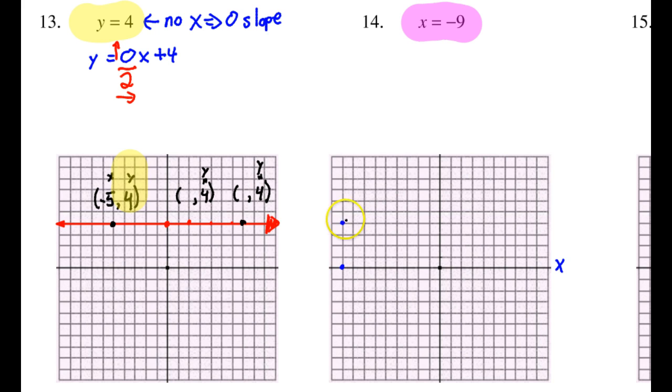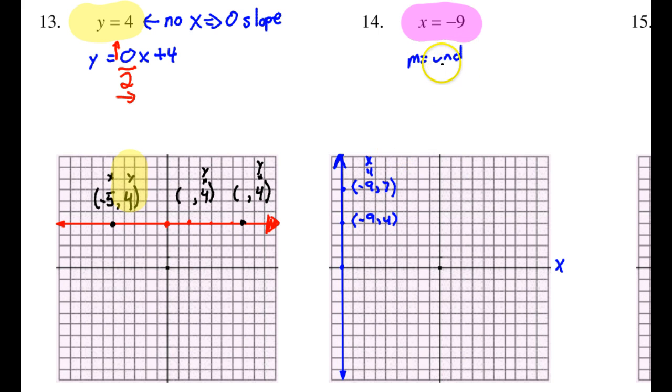Here's another x equals negative 9. This is negative 9 comma 4. And here's negative 9 comma 7. So all the x values are equal to negative 9. Hence the equation x equals negative 9. So this is a vertical line.